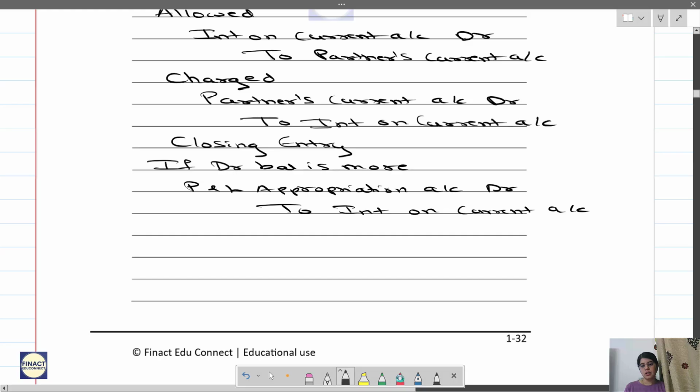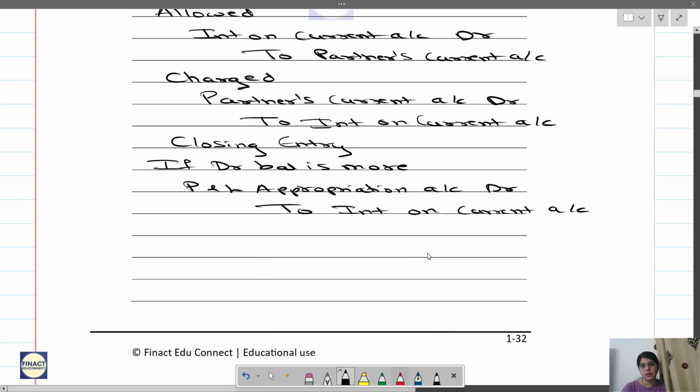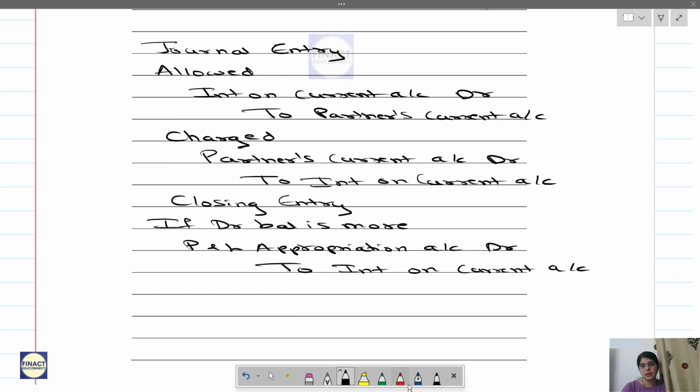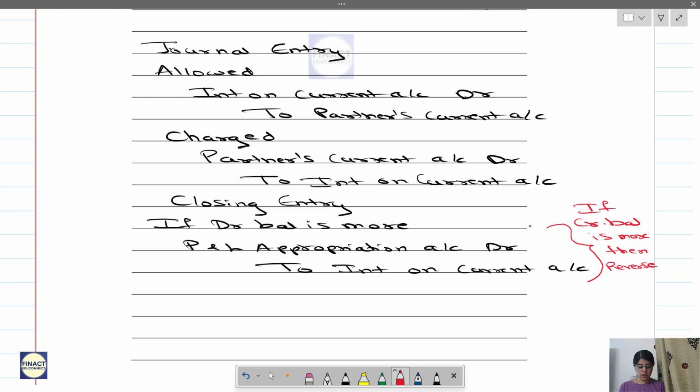Just write the journal entries. So whatever balance is there in the interest on current account, we have to transfer it to profit and loss appropriation.